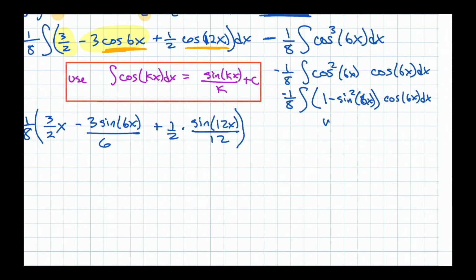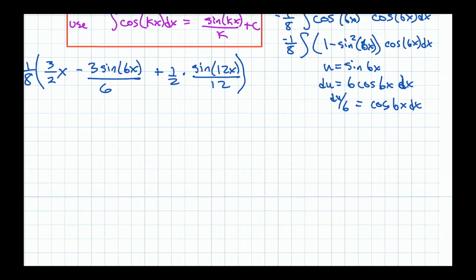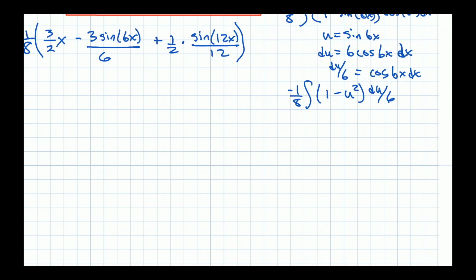Then you need a U-substitution. U is sine 6x. du is 6 cosine 6x dx. That's a dx. So du over 6 is cosine 6x dx. So our integral there is negative 1/8 integral 1 minus u squared du over 6.